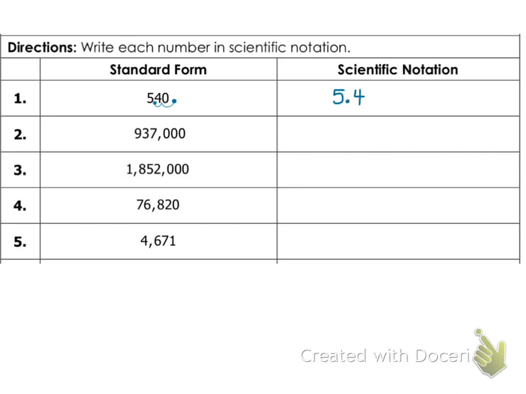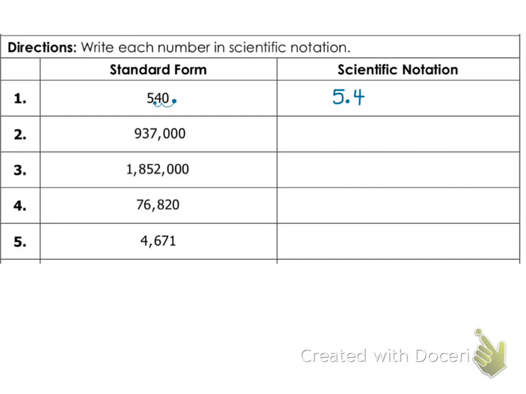So we'd have 5.4. Now, obviously, 5.4 and 540 are not the same number. 5.4 is significantly smaller than 540. In fact, it's 100 times smaller, because every time you move the decimal point once to the left or right, you change the size of the number by a factor of 10. Since we moved it twice, we made it 100 times smaller, 10 times 10.